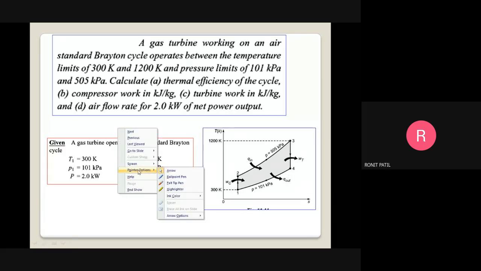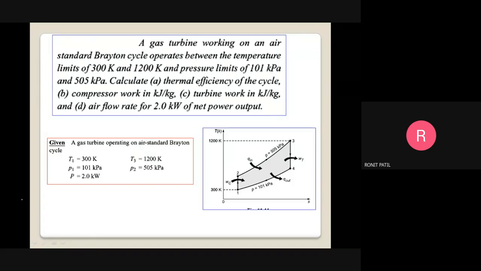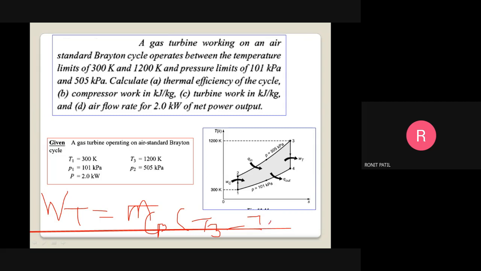So WT is equal to the change in enthalpy across the 2 points, that is 3 and 4. So WT is equal to change in enthalpy, m Cp into (T3 minus T4), is the turbine work. But the value of T4 we don't have. So first we'll find out the value of T4.